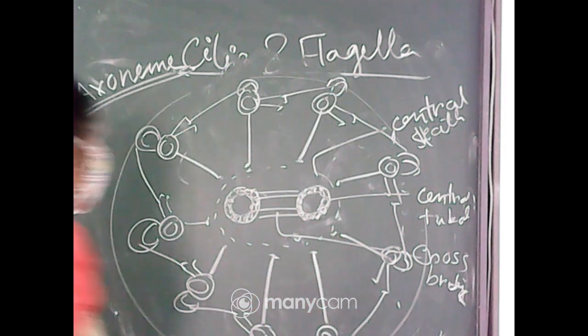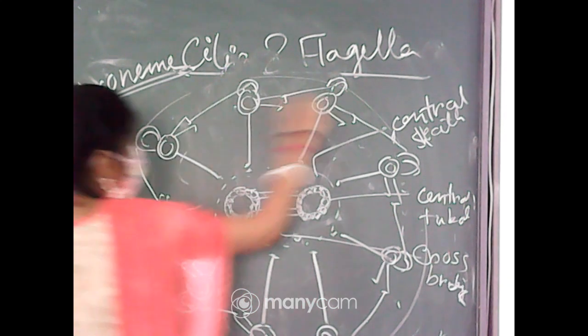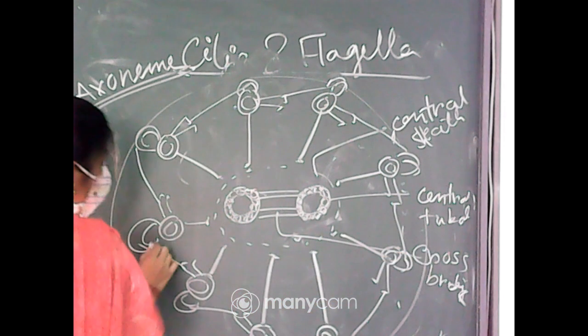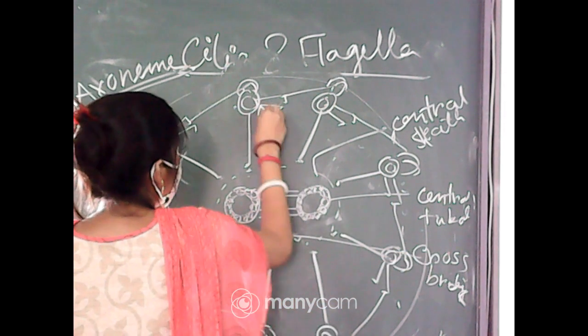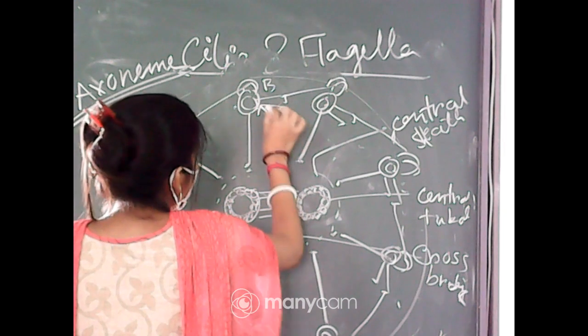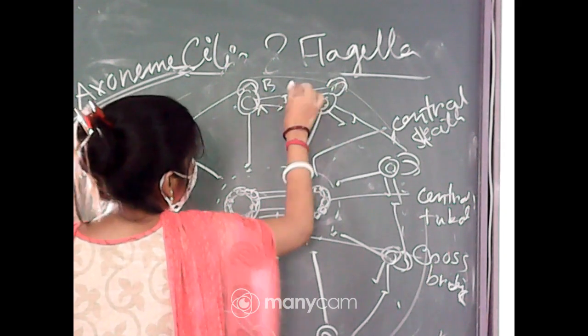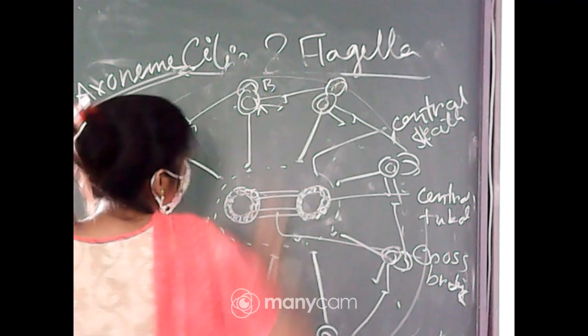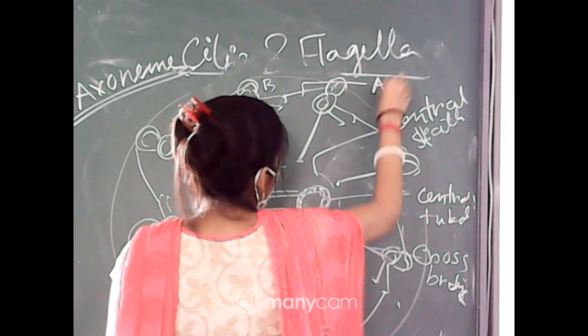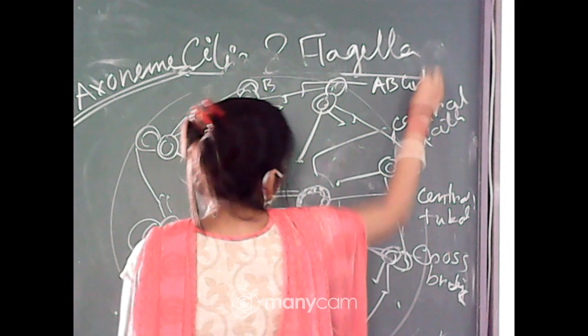You can see that these are the 9 peripheral microtubules which are doublets, and that one is A, that one is B, and it is connected with a linker with the outer arm of A. B is connected, and that is why it is called the AB linker.